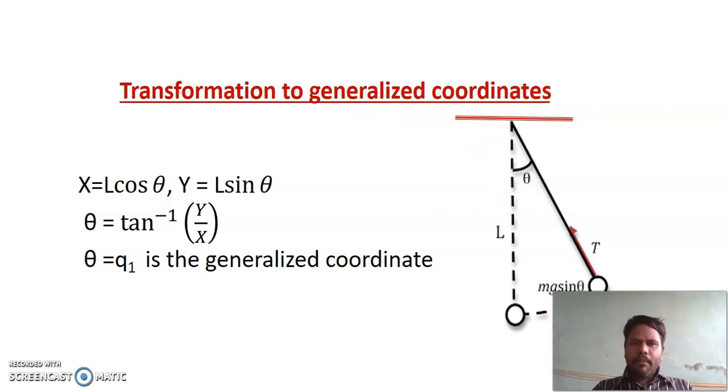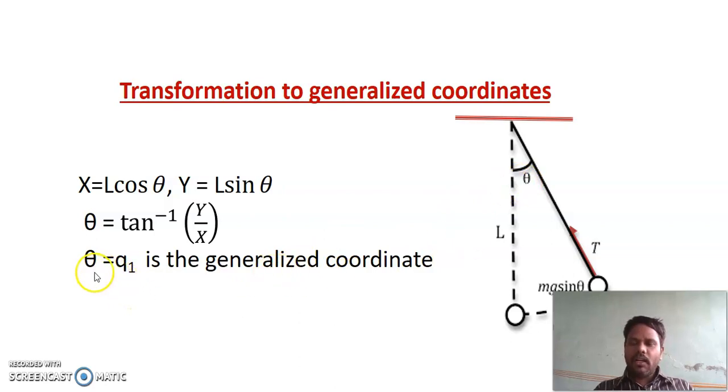In this simple pendulum motion, the relationship between old coordinates and new coordinates is given by theta equals tan inverse of y by x. If the length of the pendulum is inextensible, only theta is sufficient to describe the pendulum motion.